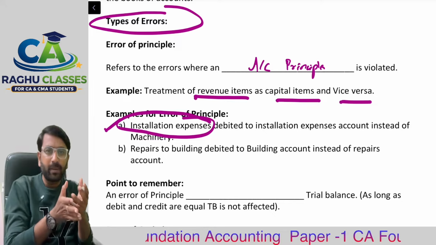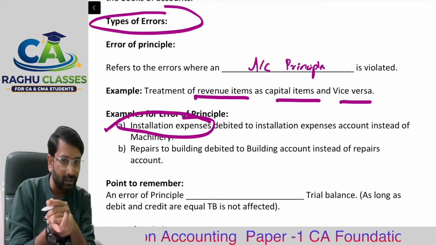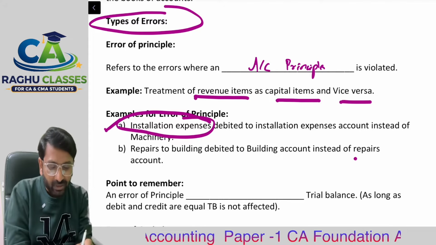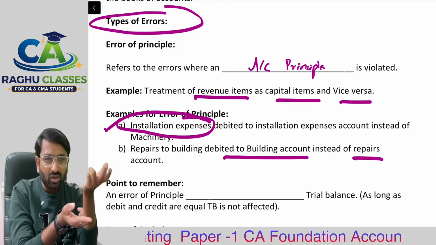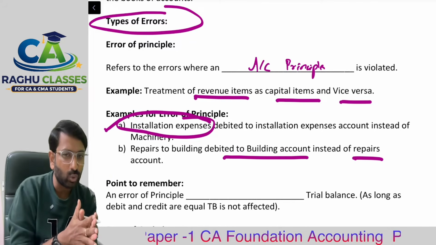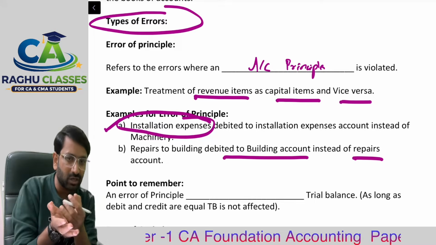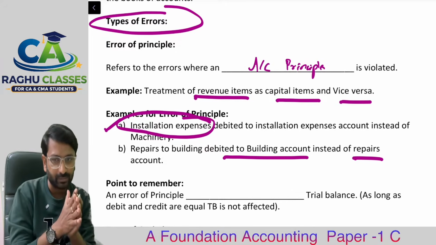Similarly, if you're incurring any repairs to the building, now repair is a revenue expenditure, so it should go to P&L. But instead of debiting repairs account, if you debit building account, then unnecessarily building cost will go up. Which means these kind of scenarios where capital is treated as revenue or revenue is treated as capital is called error of principle.